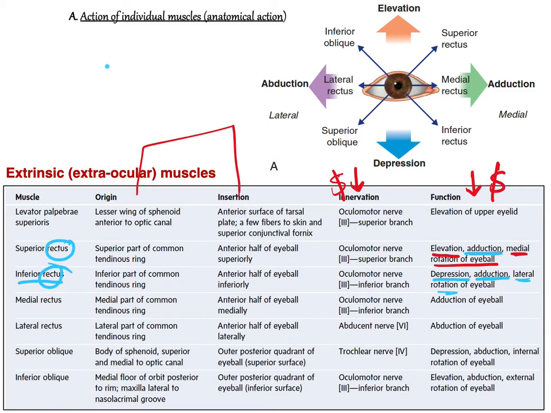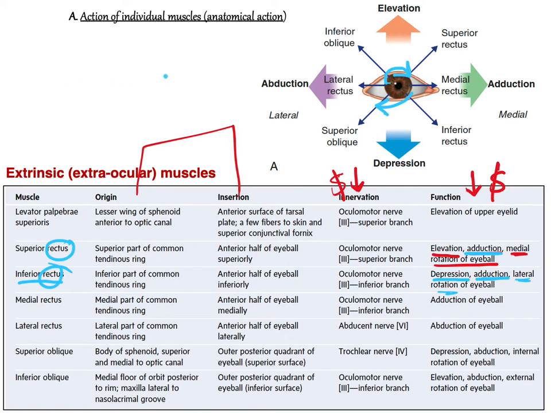there is, I would say, a rule which is easy to remember: superior muscles, regardless if they are recti or oblique, make a kind of medial rotation of the eye, right? Medial rotation. While the inferior muscles in the eye rotate it laterally, right?